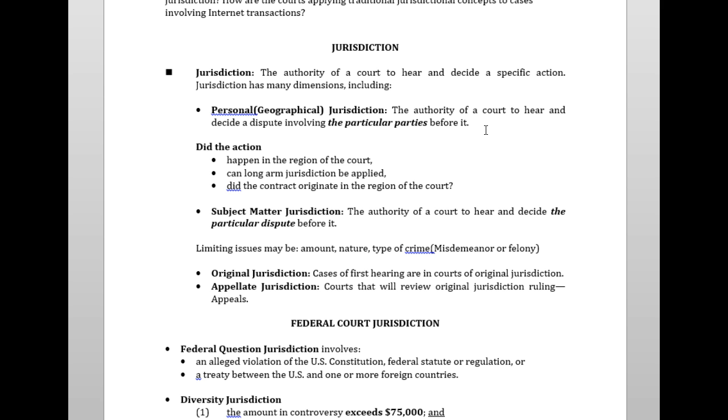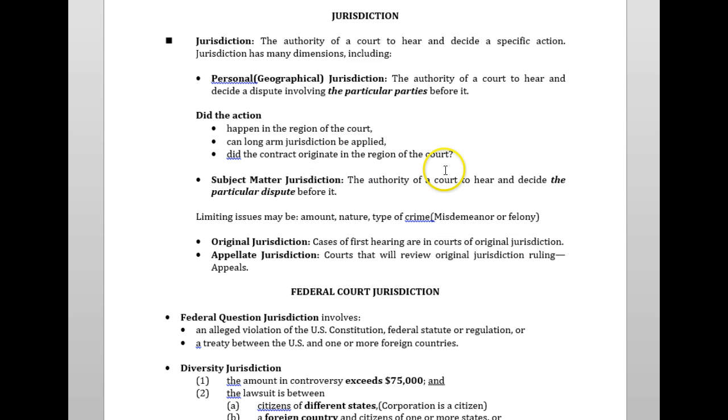An example would be, can I take a lawsuit that happened in Indiana to Hawaii because the weather's nicer there? Obviously that's not going to go very well. But the law in question, or the offense in question, needs to be within the locale of the court system.